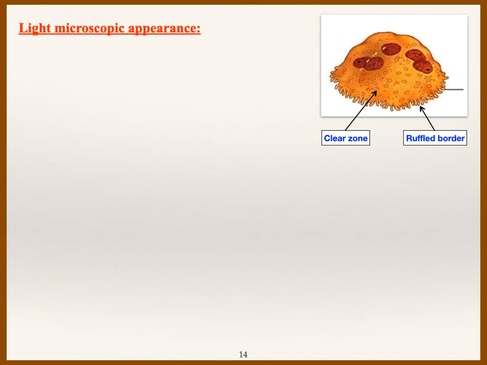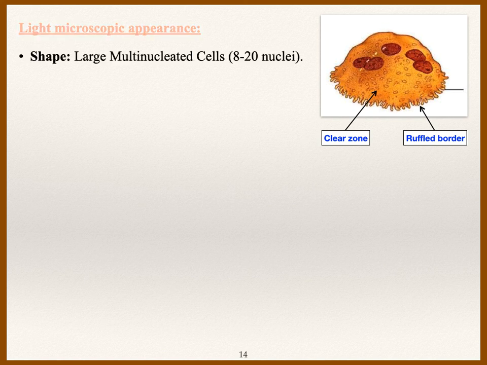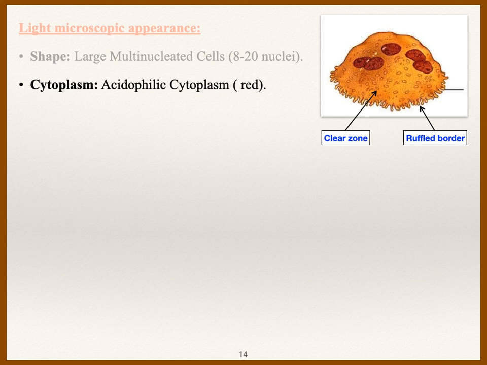Light microscopic appearance of the odontoclast cell. Number one, the odontoclast cells are large multinucleated cells with from 8 to 20 nuclei or more than 20. Number two, the cytoplasm of the odontoclast cell is acidophilic, which appears red in color.